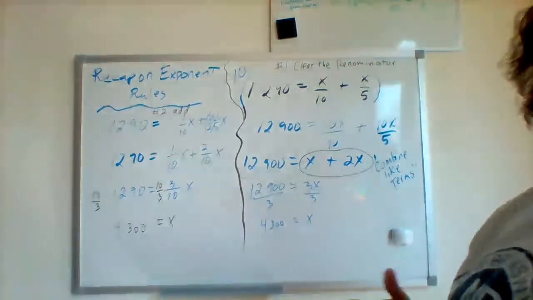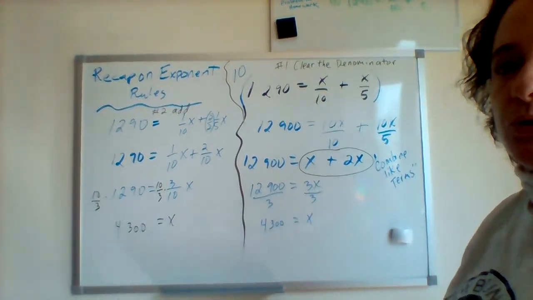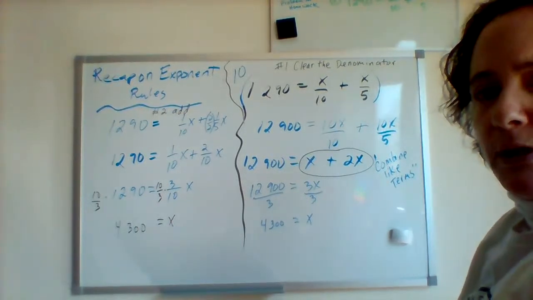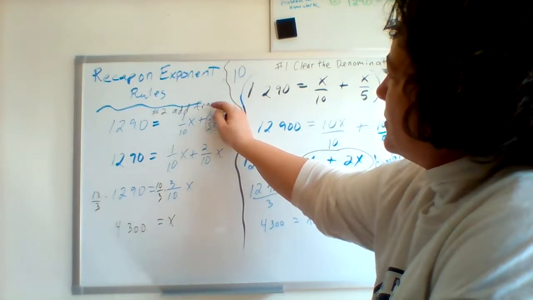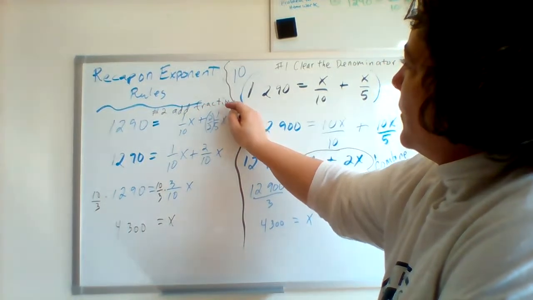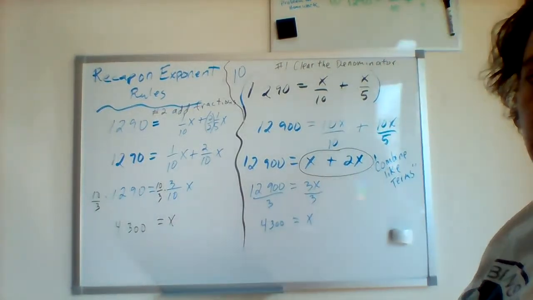What differentiates your strategy is how you start. It's just about how you choose to start solving an equation. So add the fractions. Okay. If you guys have any other questions, you can comment.